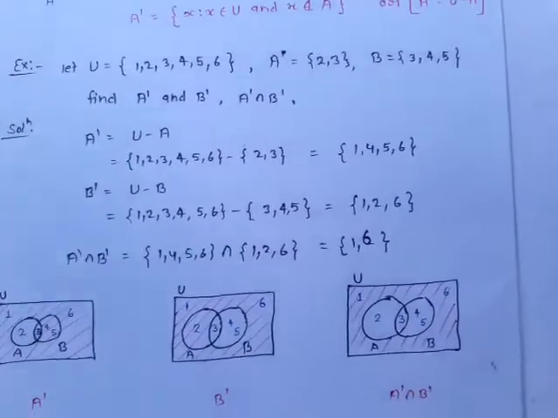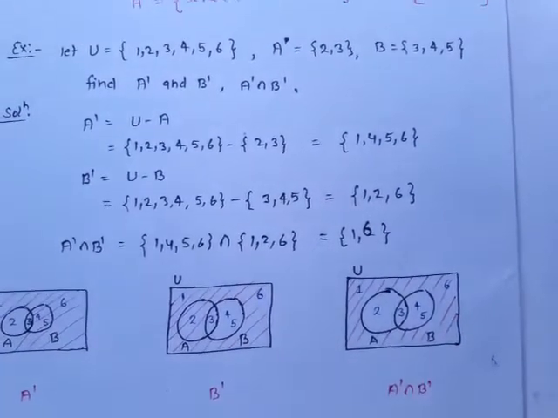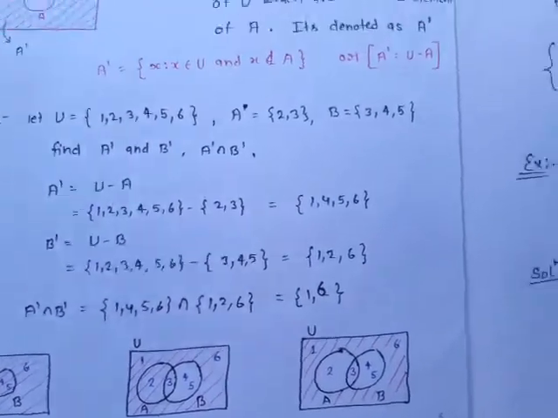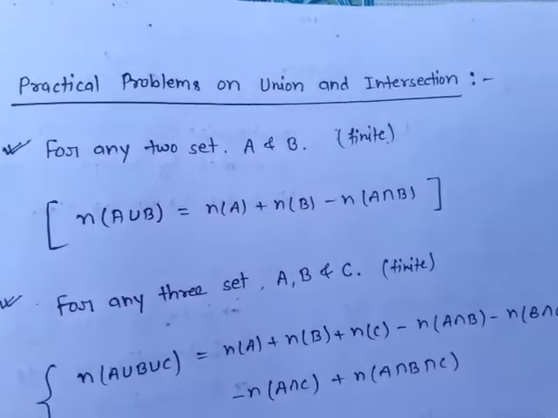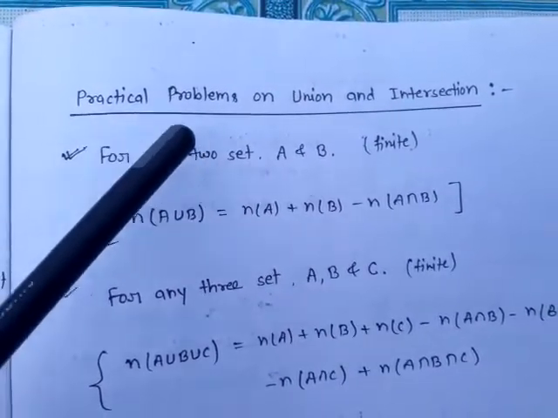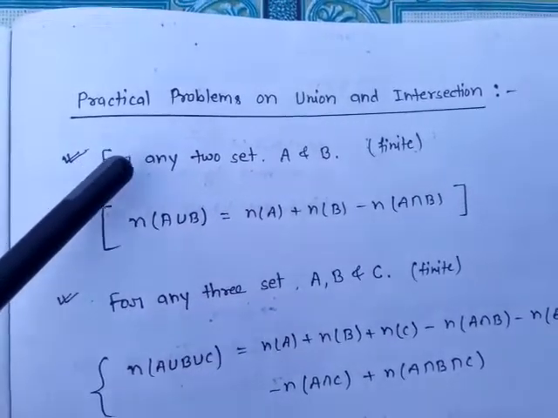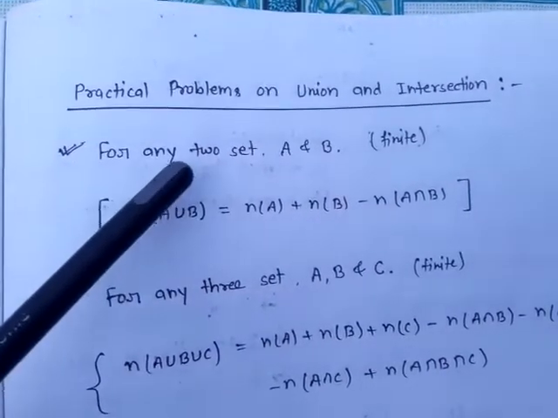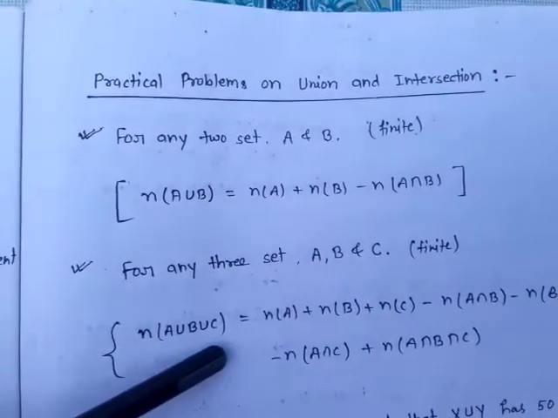This can be solved by this Venn diagram, and we have discussed the complement of a set. Now let us discuss some other questions in this chapter: practical problems on union and intersection. This is a particular format in this chapter: for any two sets, given a format in this form, and for any three sets, given a format in this form.